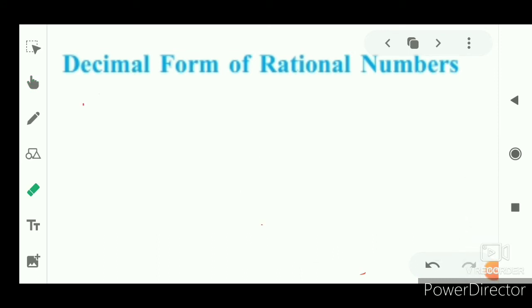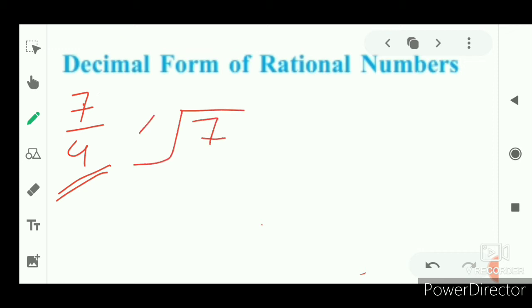Now we will see the decimal form of rational numbers. Let's take one rational number, that is 7 by 4. So this is a rational number and we have to find its decimal form. So how would we find it? We will find the decimal form by dividing 7 by 4.